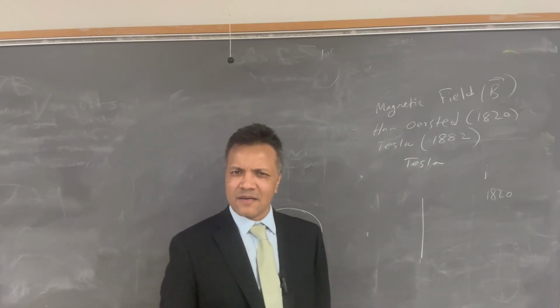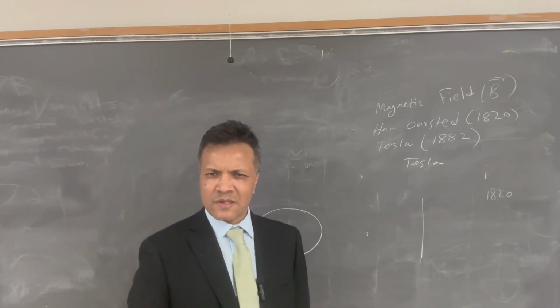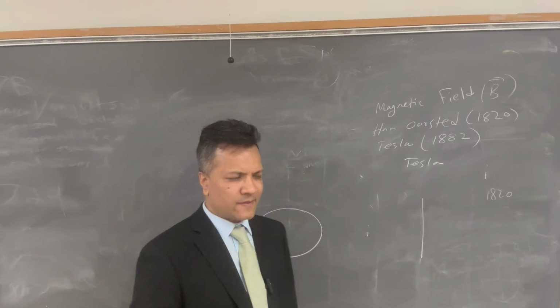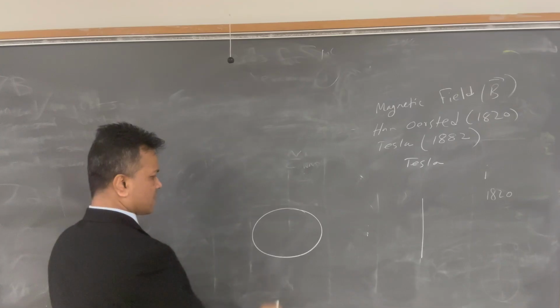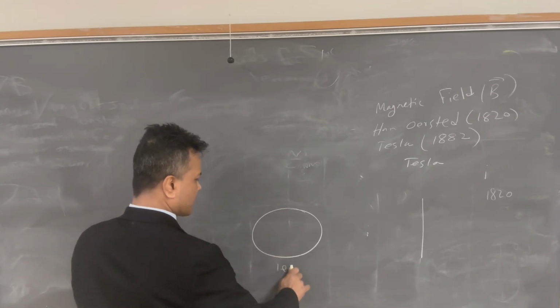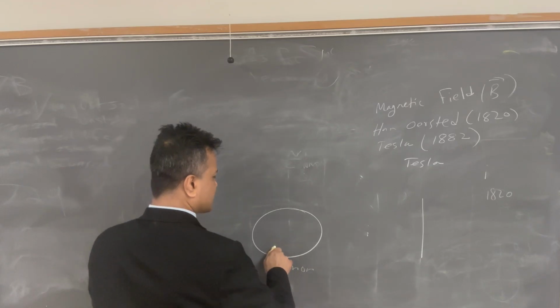in 1820, there was only one way you could put current in the wire, and that is you have a lemon that can give you electrolyte.